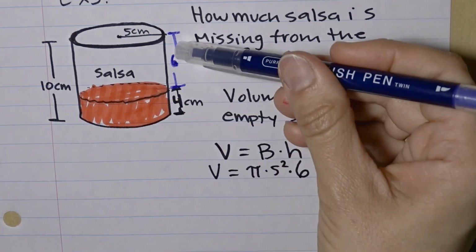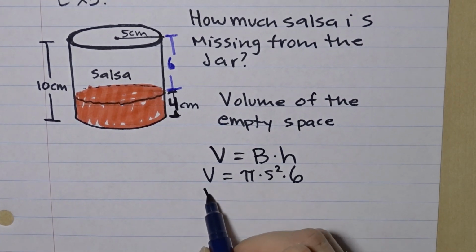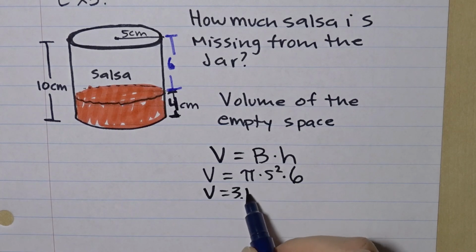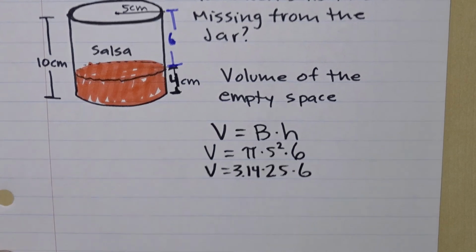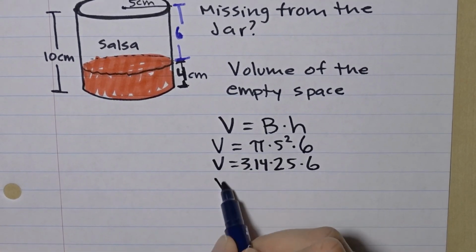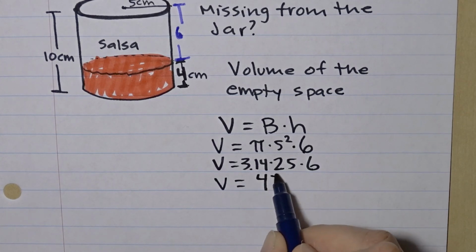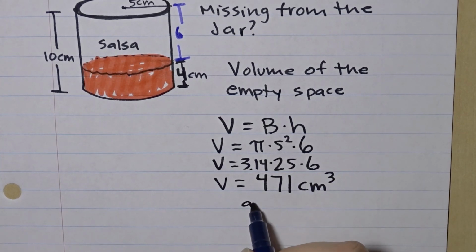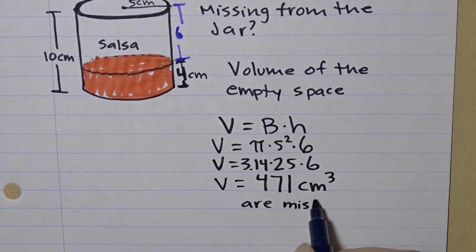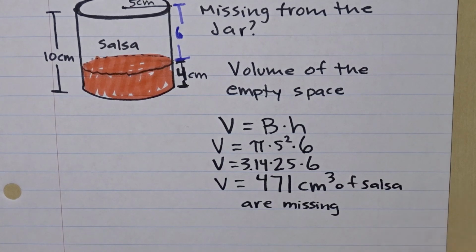All right, so together 6 and 4 makes the 10 of the entire jar. And so now we have volume equals 3.14 times 25 times 6. And then you get volume equals 471 centimeters cubed are missing of salsa. And there you go.